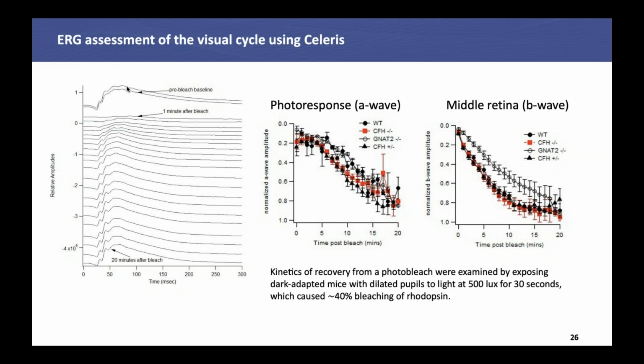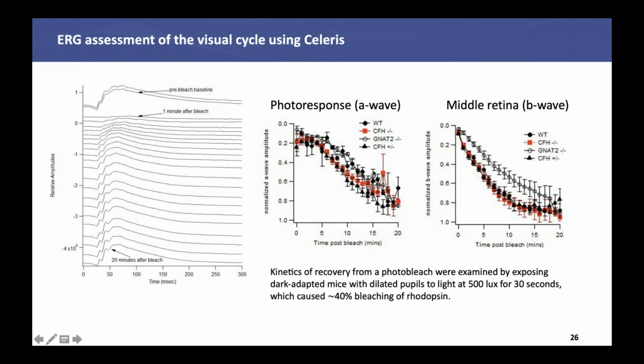But here we take the baseline. This is what the baseline response looks like. Then we present a bleaching light. In our case, it's 500 lux for 30 seconds, which takes out about 40% of rhodopsin. And then we watch it recover every minute over the course of up to 20 minutes.